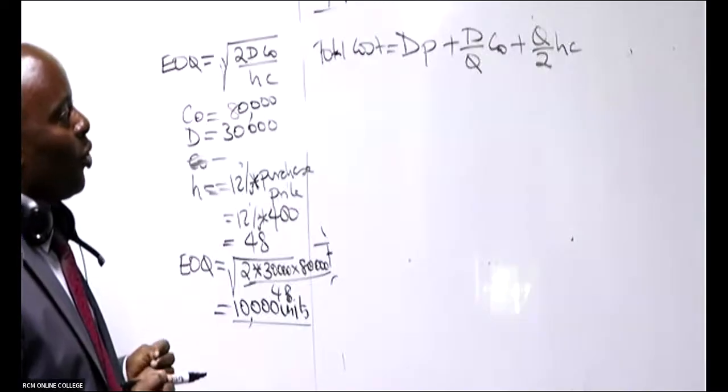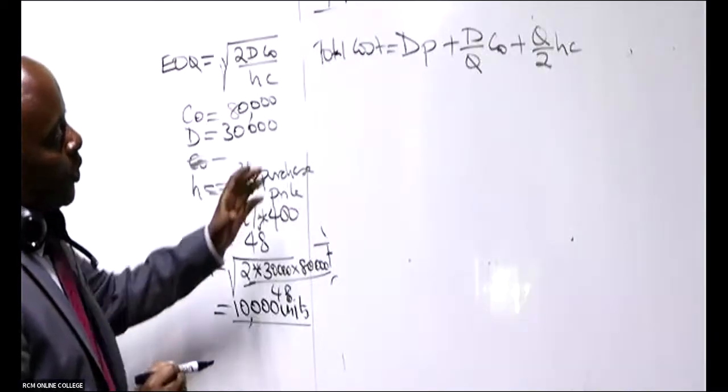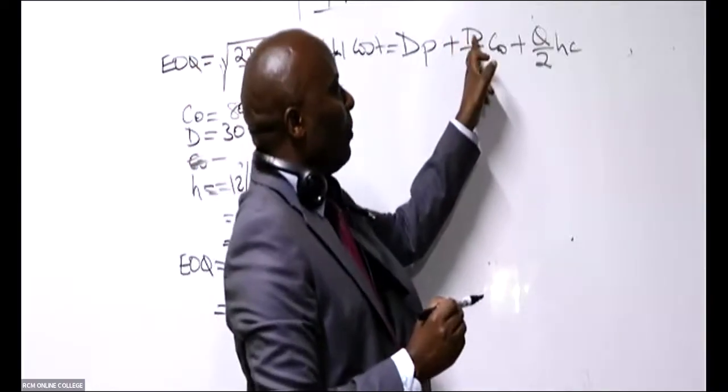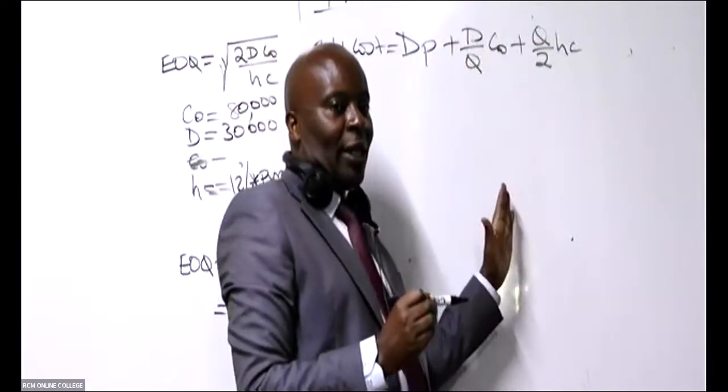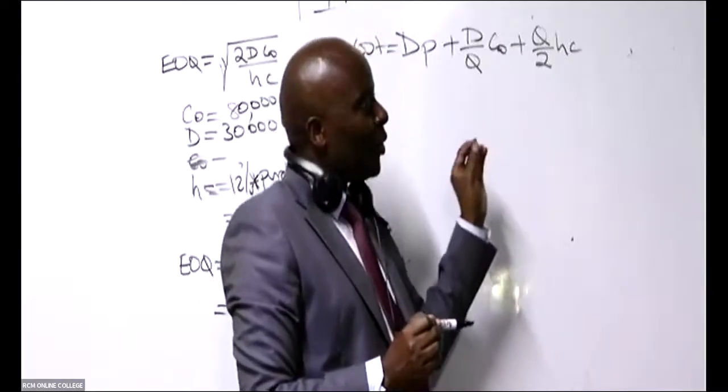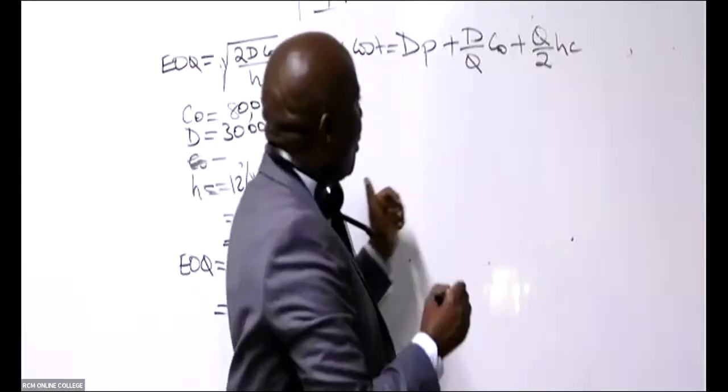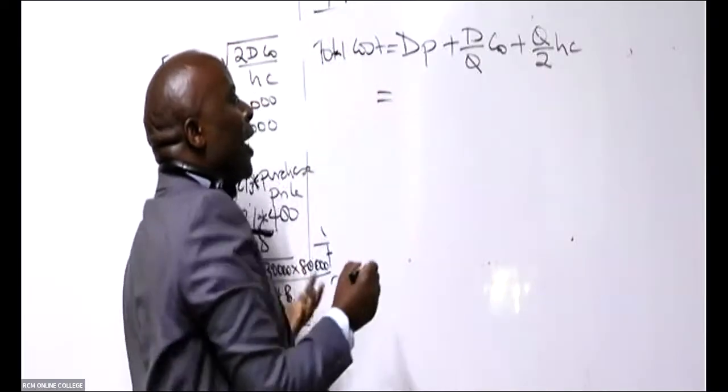Total cost equals annual demand times price per unit, plus annual demand divided by the Q you have gotten, times the cost per order, plus that EOQ you have gotten divided by 2 times HC. So in this particular case, what is the annual demand?